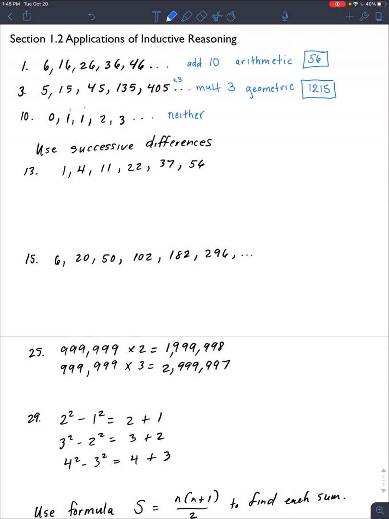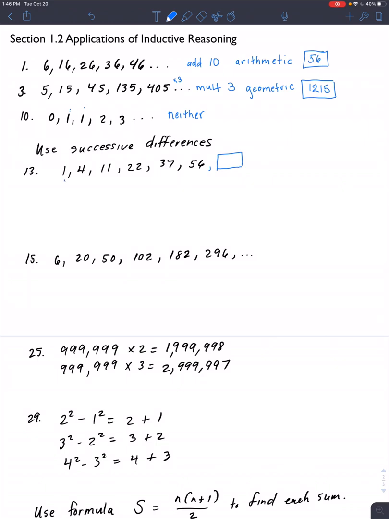Okay. The next thing we're going to look at is the successive differences, and you've probably seen a little bit of this on the PowerPoint, but I'm going to break it down for you so that it's a little easier to understand. They want us to determine the next term in this sequence right here. Okay, but to do that, we got to figure out what's going on.